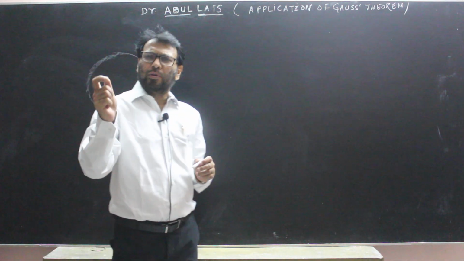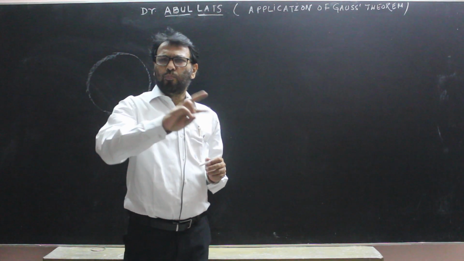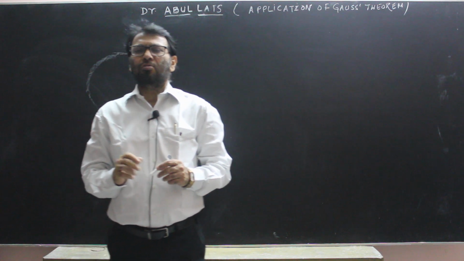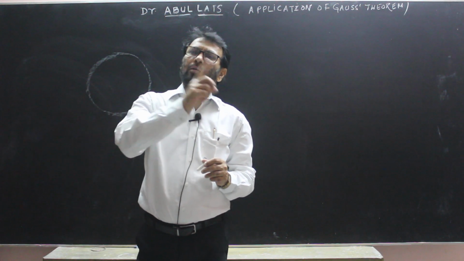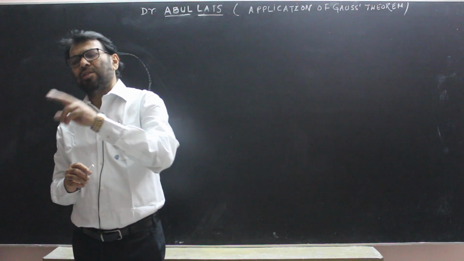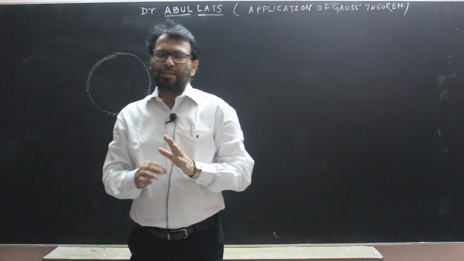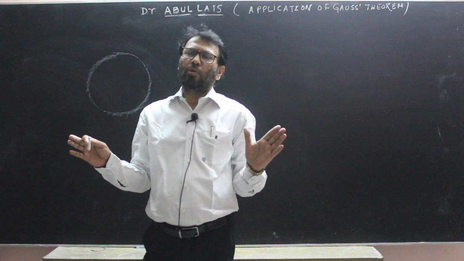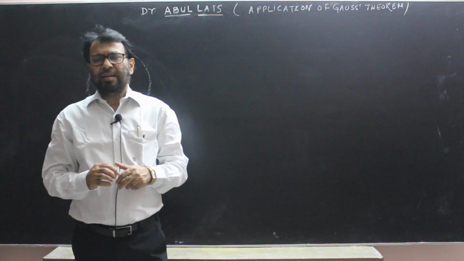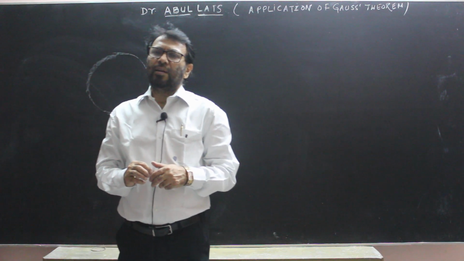Because if there is a potential difference between 2 points of a conductor and also there is a free electron, so the free electron will move from lower to higher potential till the potential is destroyed. So it is not possible that between 2 points of a conductor there is a potential difference, and hence inside the conductor the value of electric field is 0.